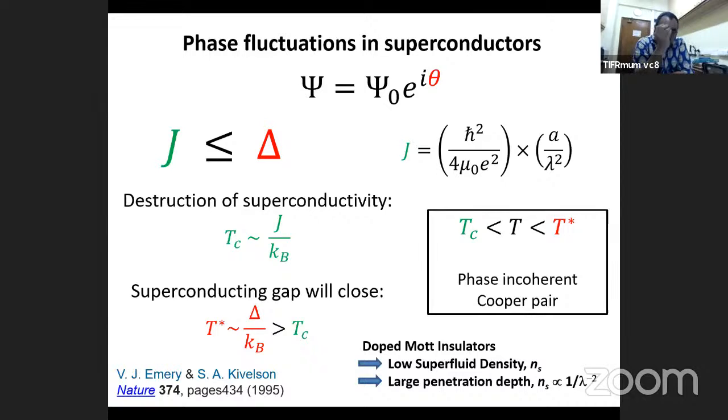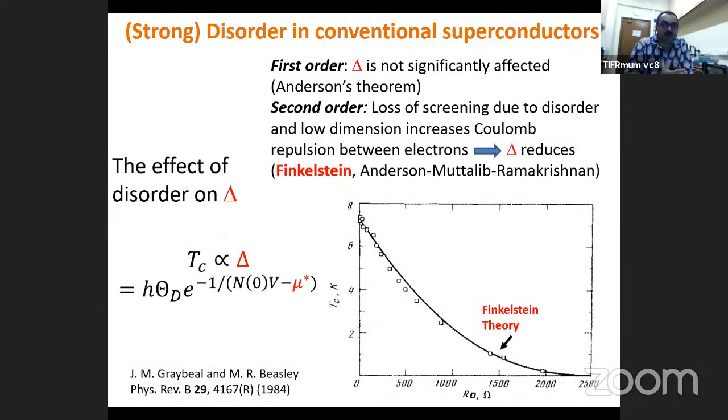I don't need to go to high Tc cuprates. I can just remain with conventional superconductors, and there also I can introduce disorder, and when I put in disorder, my superfluid density will decrease. This is something that we have explicitly derived, and we will outline the derivation again here.